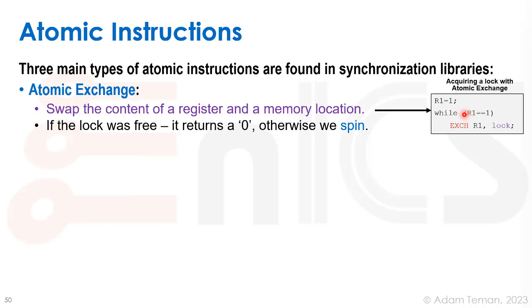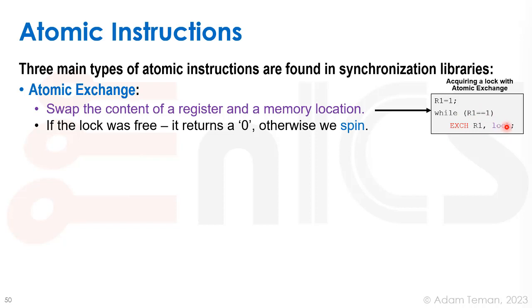So let's say the lock was taken, so lock equals 1. We're going to go into this loop, R1 initially equals 1, and then we're going to exchange R1, which is 1, with the lock. The lock, which was 1, is going to come back to R1. So R1 equals 1 at the end of this, and that means we're going to continue in this while. So as long as the lock was taken, we're going to be stuck inside this loop.